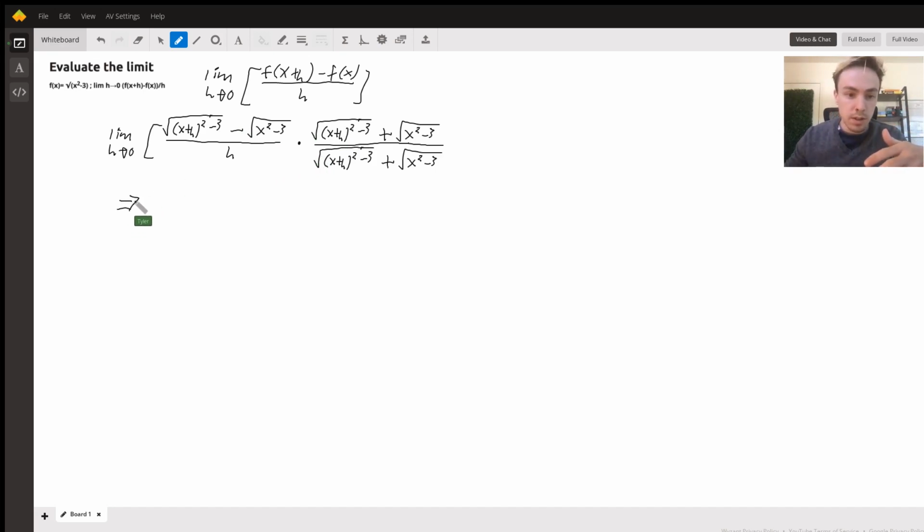So this will be equivalent to, and this looks like it's in the exponent, but it's really not, this is just a function, remember, we're just going to have x plus h squared minus 3 minus x squared minus 3.